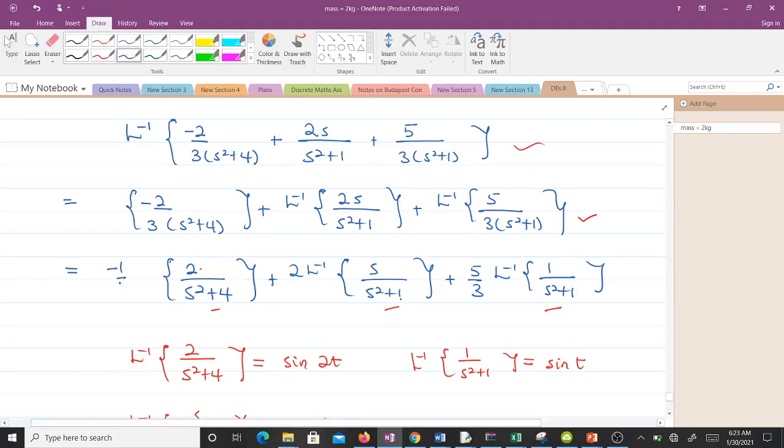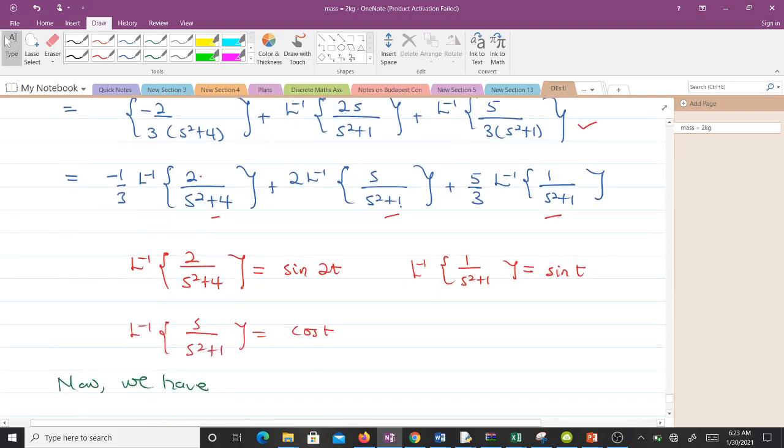The Laplace inverse of 2 over s squared plus 4 is sine 2t. You should know all this by now. Laplace inverse of 1 over s squared plus 1 is sine t. And Laplace inverse of s over s squared plus 1 is cos t.